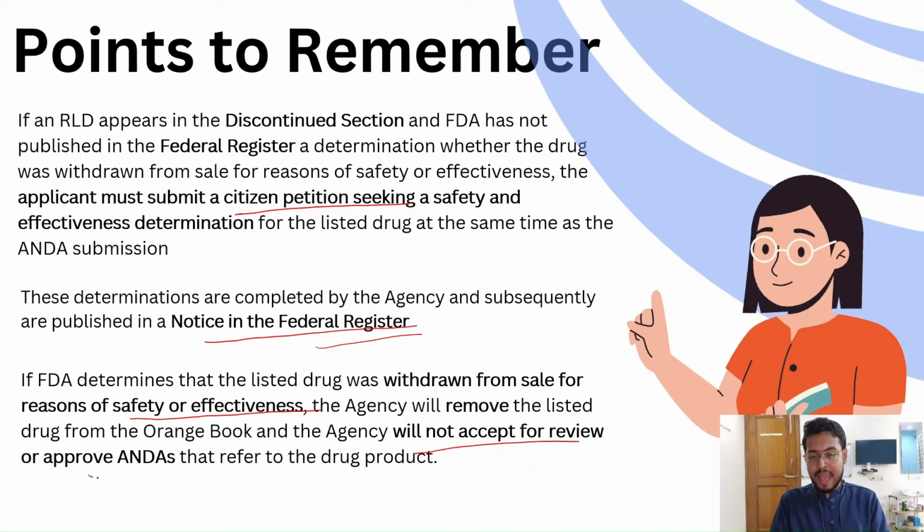Also, it will not approve the ANDA. So there is no point in submitting the ANDA in that case, right? And that is why it becomes very important for the applicant to check whether your RLD is still on the market or not, and if it has been discontinued, for what reason it was discontinued from the market.